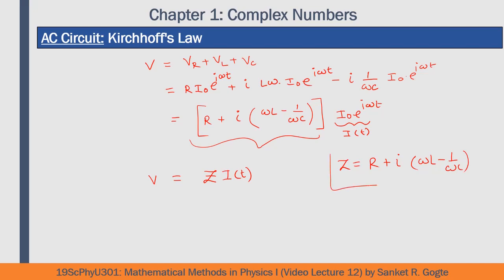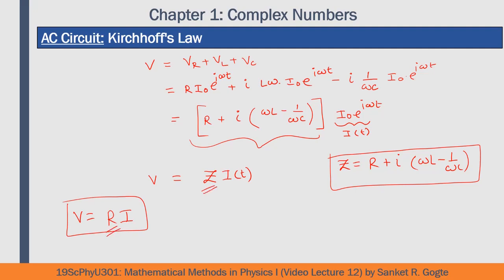So this is basically a complex number. This is real part of that complex number, which is the resistance in the circuit, and this is the imaginary part of the complex number. We will discuss this Z in detail on next slide, but note that this equation now can be compared with Ohm's law, V is equal to IR, where this R now is replaced by the complex number Z.